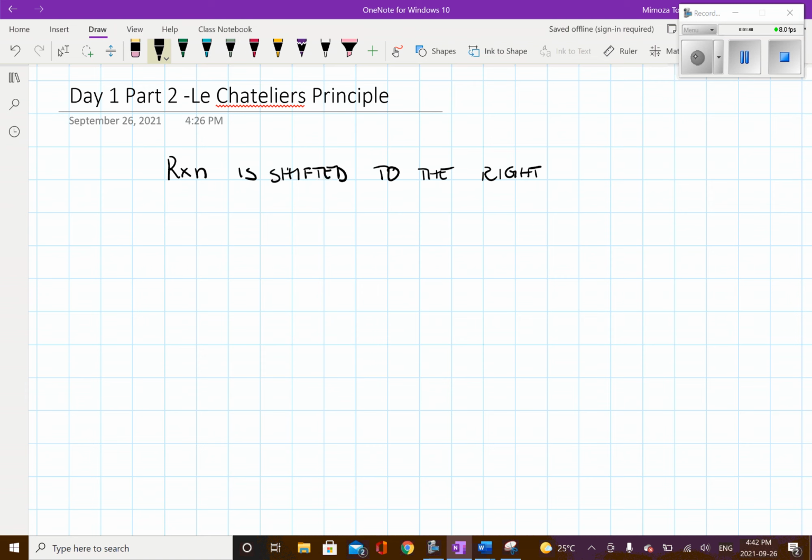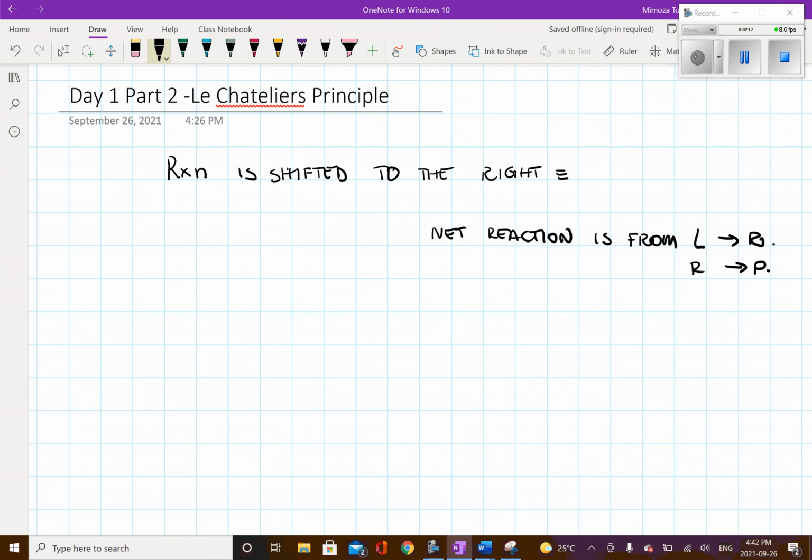We mean that the net reaction is from left to right, so from the reactant toward the product.